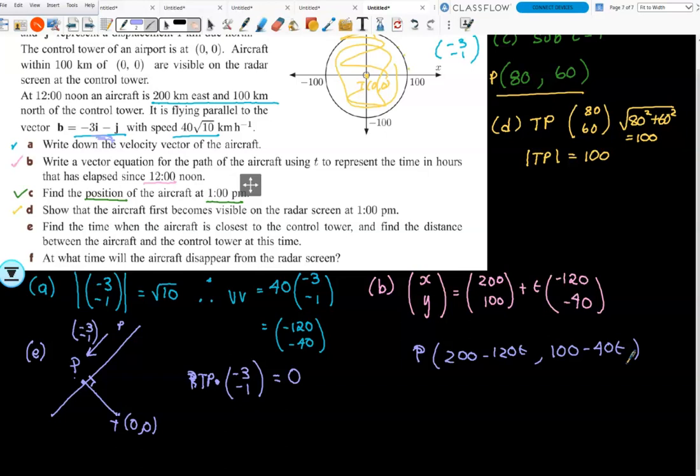That's the point, and we take 0, which gives us our technical vector. So it's going to be 200 minus 120t, 100 minus 40t, dotted with the scalar product, and we're going to solve for t.